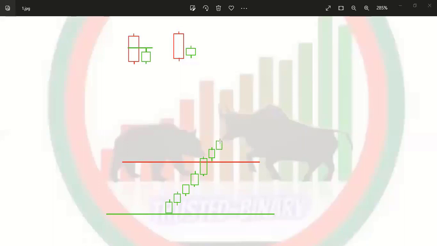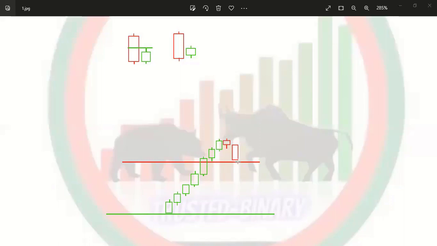Now when the market creates these two candlesticks after the breakout, the market starts reversing from this area. Suppose the market creates this candlestick and then another candlestick here, and it came near this area.